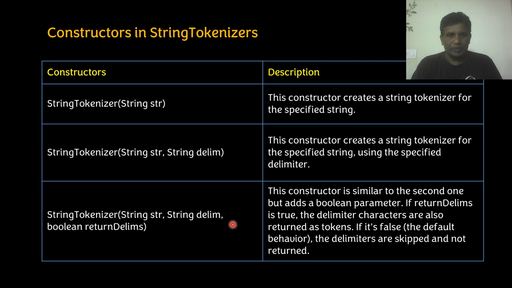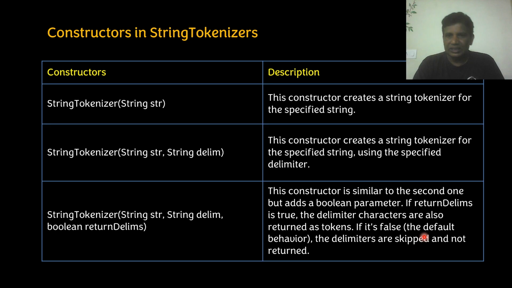Based on the white space, the string is divided into tokens. Then what is the purpose of the third constructor? The first argument is the string, the second argument is the delimiter, and the third argument is a boolean, returnDelims. If returnDelims is true, the delimiter character is also returned as a token.